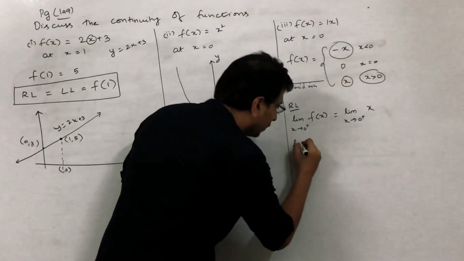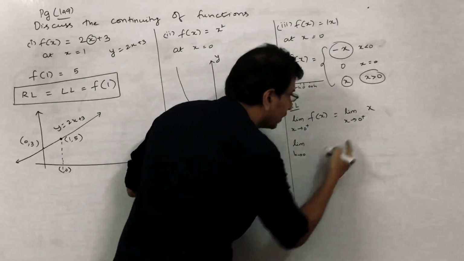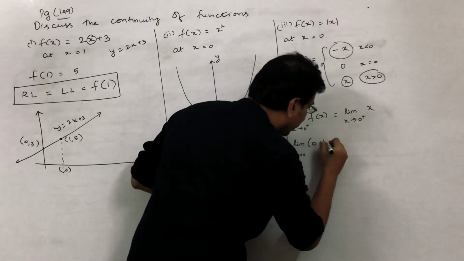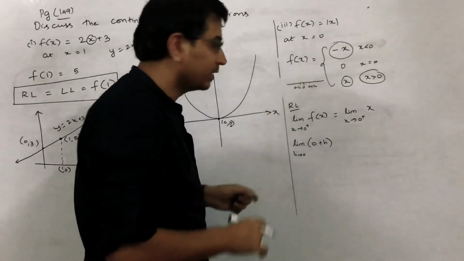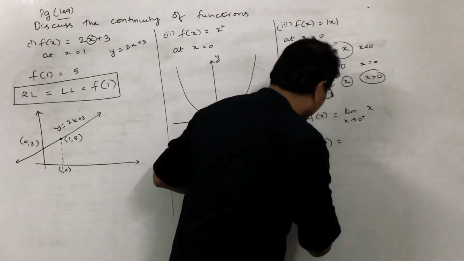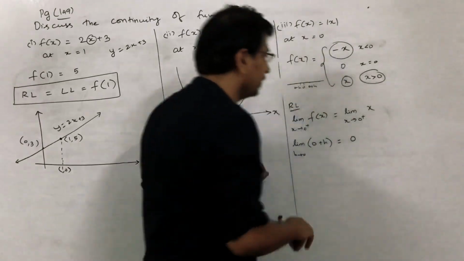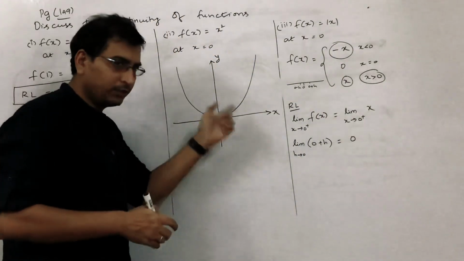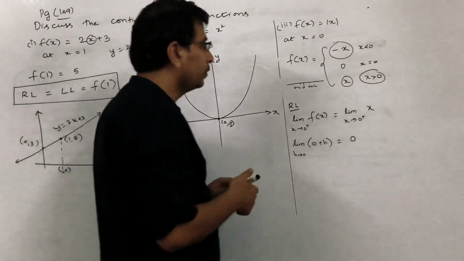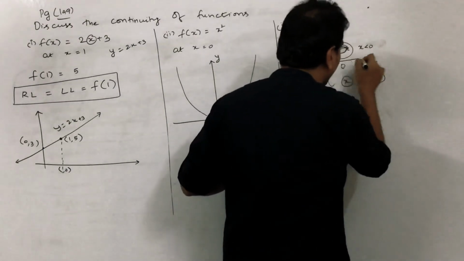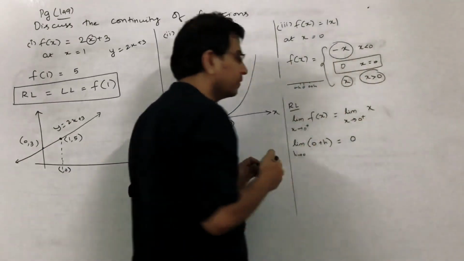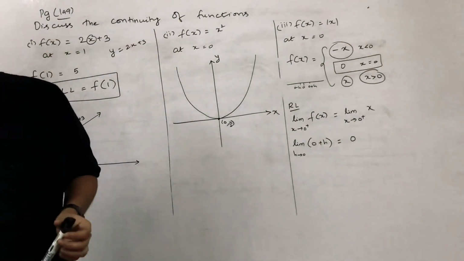So this will be limit h tends to 0 of f of 0 plus h. When you substitute h is equal to 0 here, this comes out to be 0. Remember, the left limit is 0, the right limit is 0, and f of 0 is also equal to 0. Hence, this function is continuous at x is equal to 0.